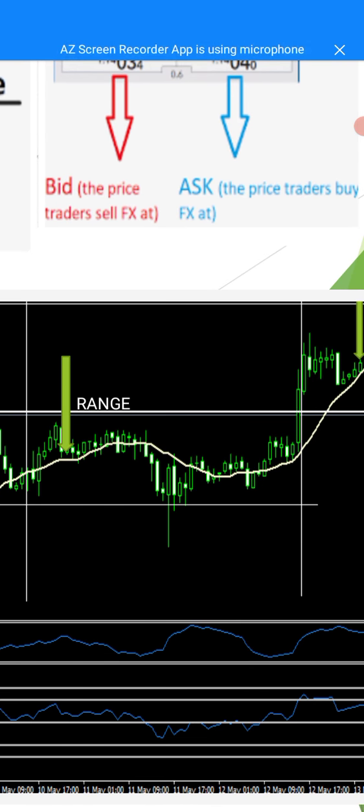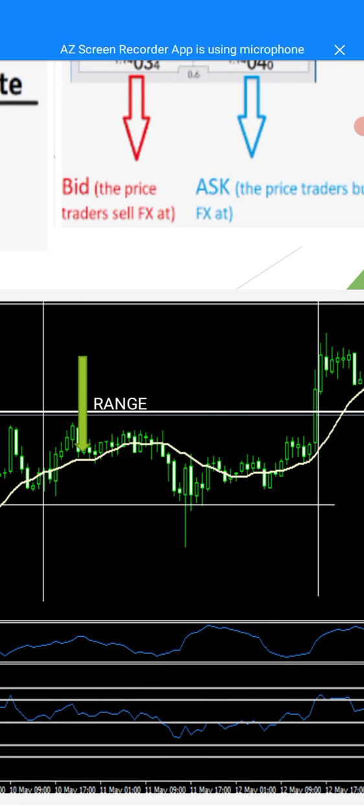Then here, within this place where you see a rectangle covering the chart, within this area is a range.